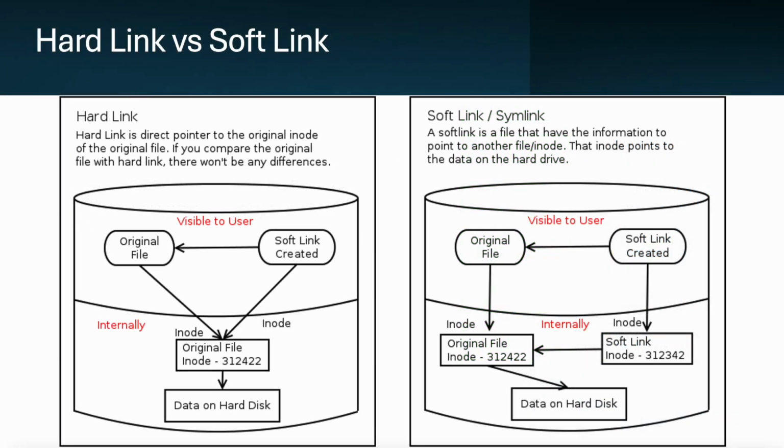Let's begin with hard link and soft link. A hard link is a copy of the original file and contains the same inode number. If the original file is deleted, the hard link will keep your data safe. Whereas a soft link is a kind of shortcut to your original file. It has a different inode number, and if the original file is deleted, the soft link becomes invalid.